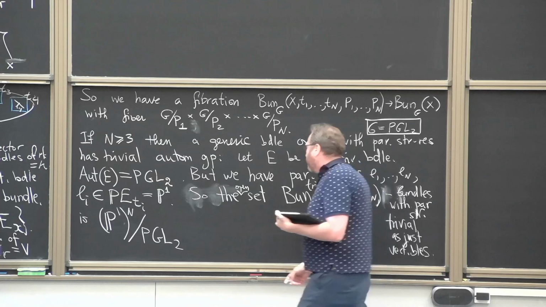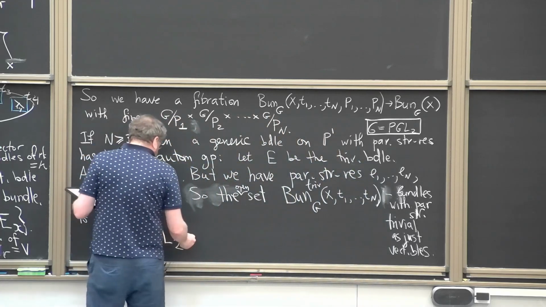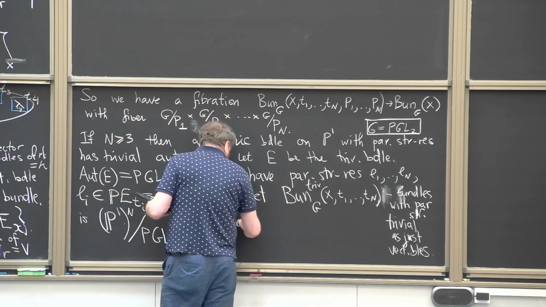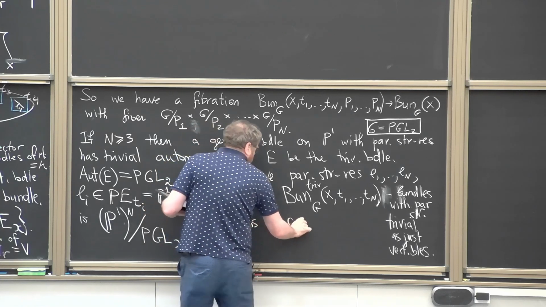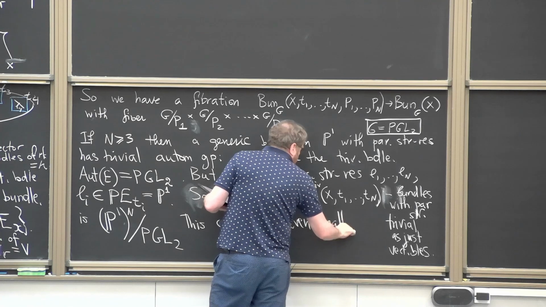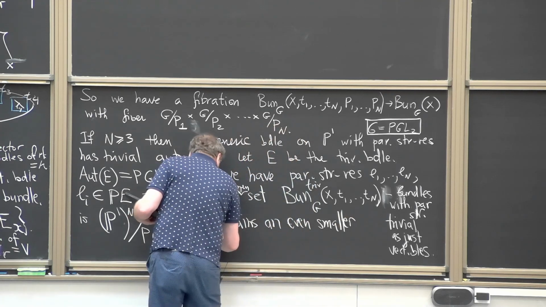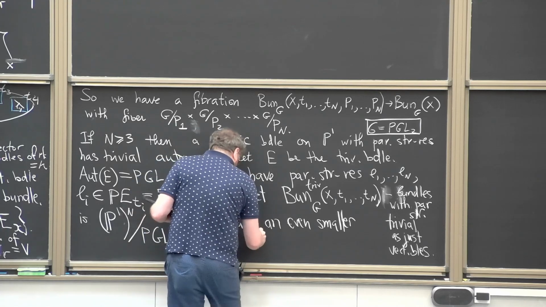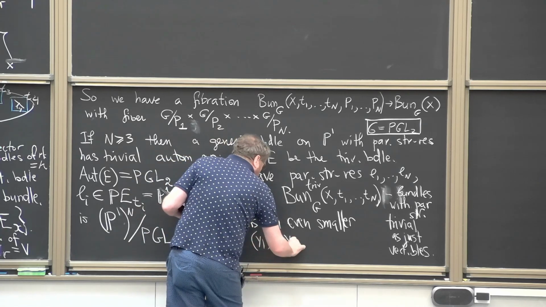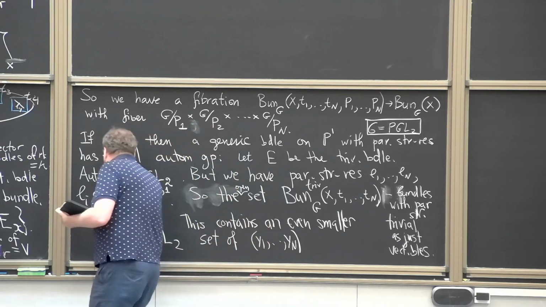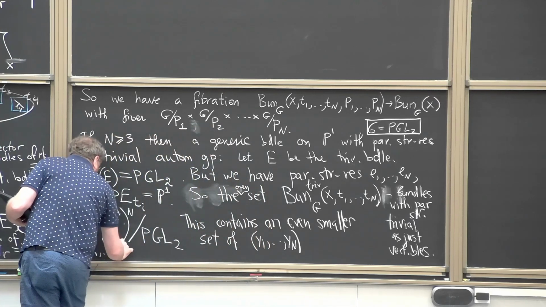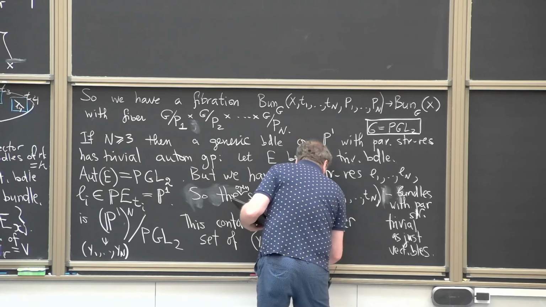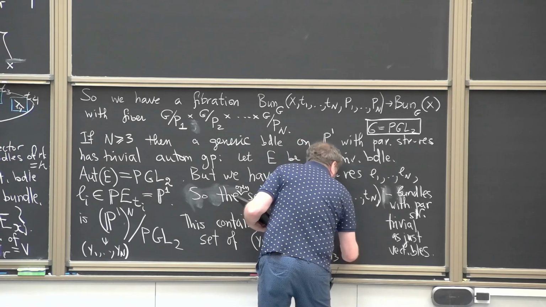Yeah. So, but inside this contains an even smaller open set of tuples of points y1, yn. So here there is some vector of points y1, yn, where let's say y1, y2, y3 are distinct.